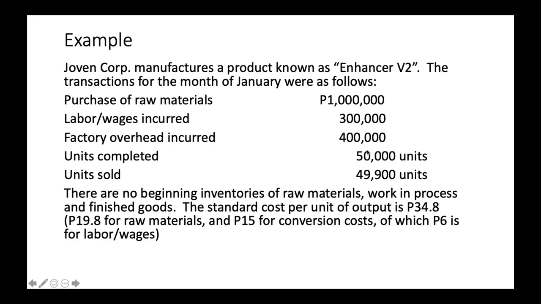So if this is 50,000 units, 19 pesos and 80 centavos of raw materials were applied to produce these 50,000 units. Therefore 50,000 times 19.8 is 990,000 pesos.